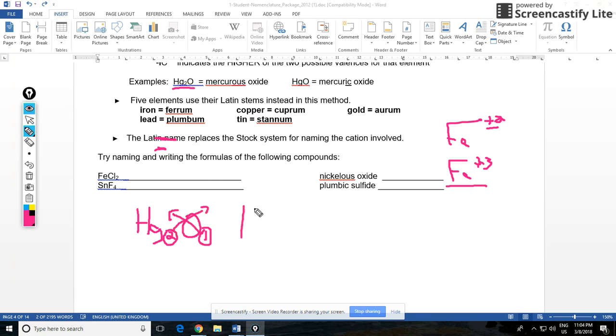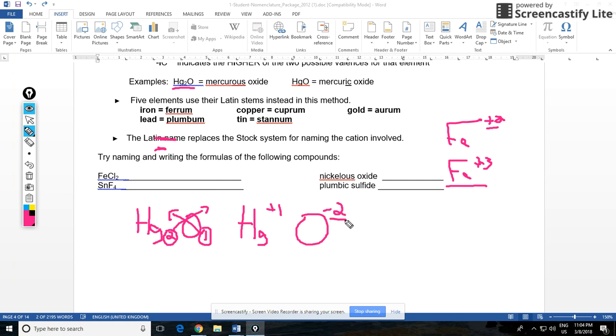When you do the reverse crisscross, you get Hg +1, O -2. So if I asked you to name this using the stock system, you could say this is mercury 1 oxide. And we know it's 1 because the oxygen is -2.